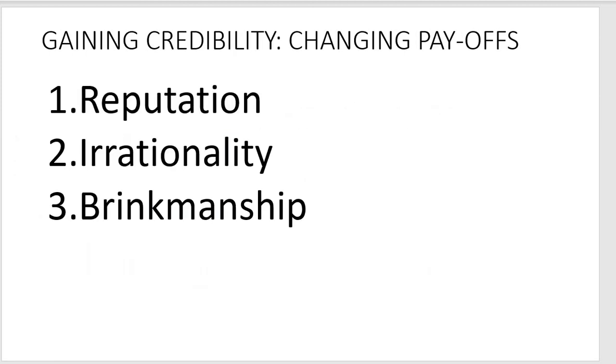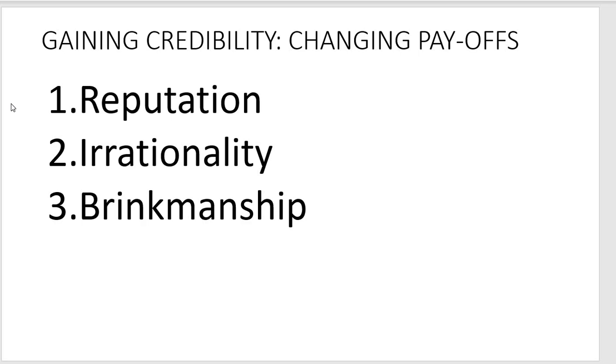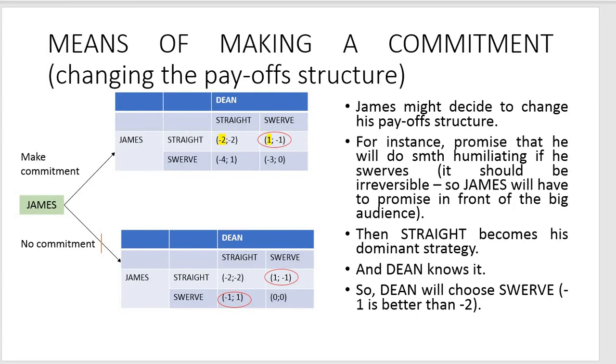So when it comes to changing payoffs, one of the methods is building a reputation. So basically, if James has a reputation as a very tough guy, and he really values the fact that he has this reputation, then he cannot simply go and swerve, because swerving will be associated with some reputational losses for him.